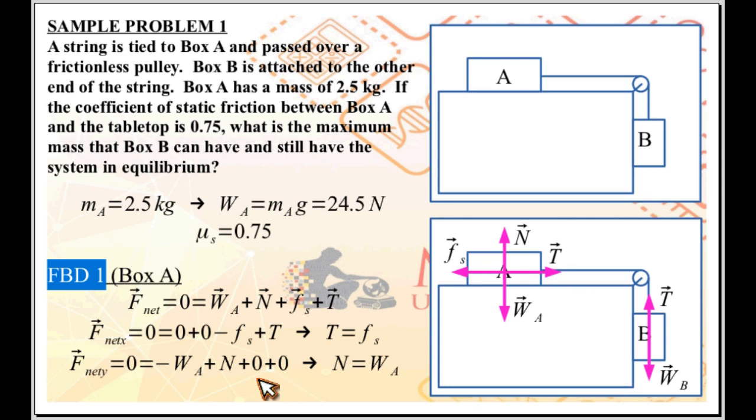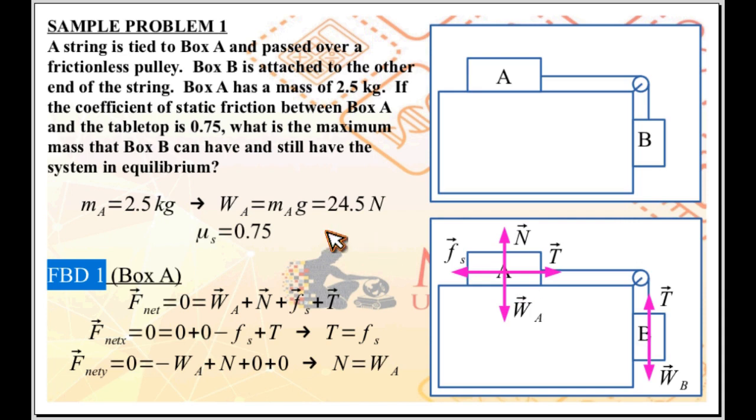They don't have Y component. So from Y component, we see that the normal force is just equal to weight A. And we know weight A magnitude to be 24.5 newtons.